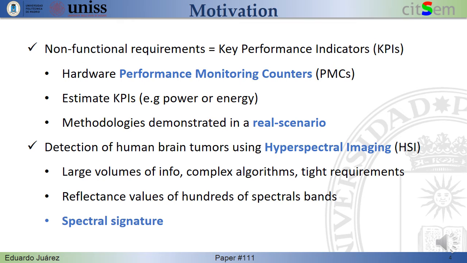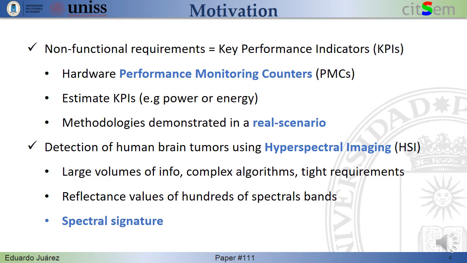In this paper, the advantages of these enhanced methodologies are demonstrated in a real scenario: the detection of human brain tumors during surgery through hyperspectral imaging, HSI. This use case is characterized by large volumes of information, complex algorithms, and tight performance requirements.